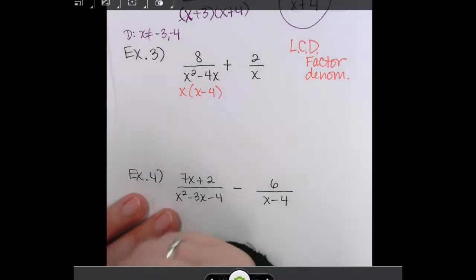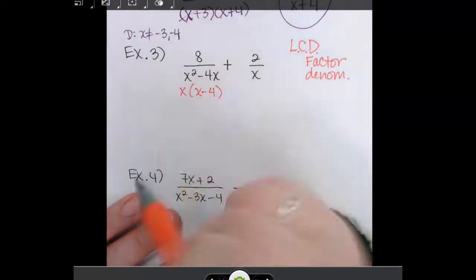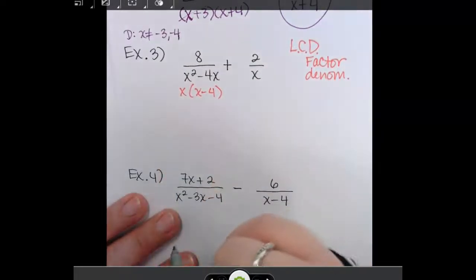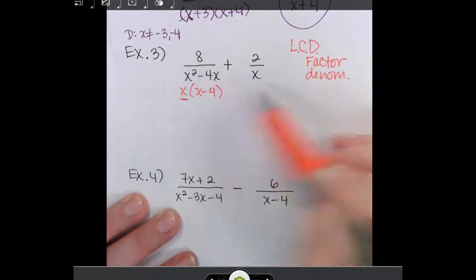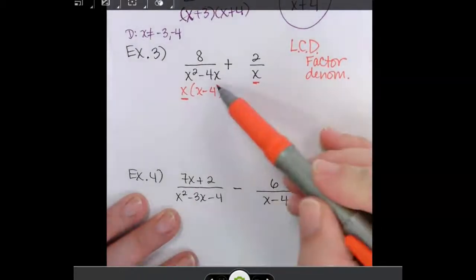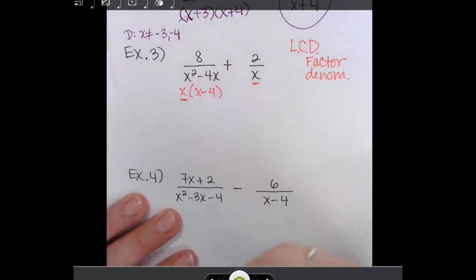So for my least common denominator, both of them need to have the same denominator, including all of the factors. I see that the second rational expression does have the x part of the denominator. It does not, however, have the x minus 4 part.